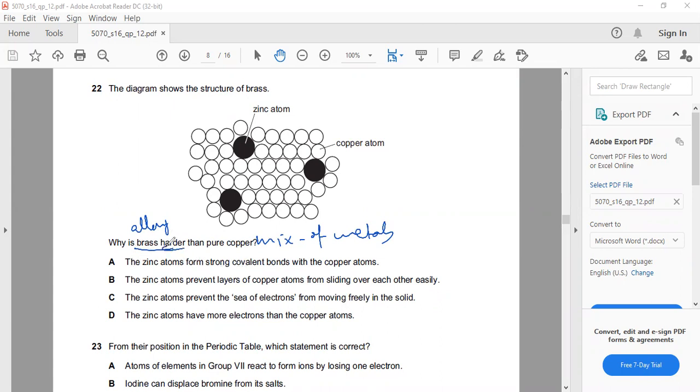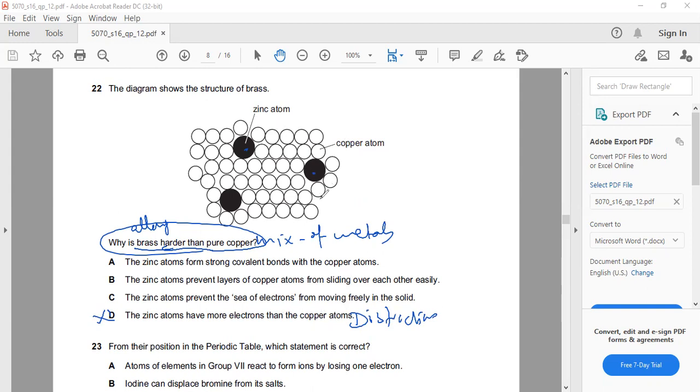Why is brass harder? You have to read the question very carefully. The answer is because the different size of atoms prevents sliding of layers. You see the common distraction, this was the most dangerous distraction. The piece of information is correct, but it has nothing to do with why it is harder.